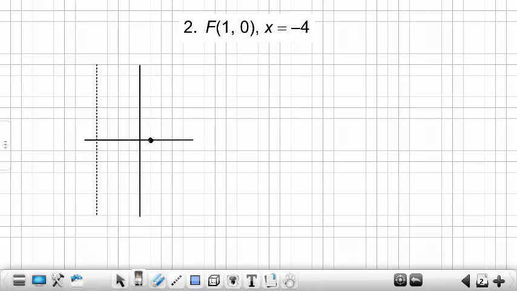You can always ask yourself, what side is the focus on relative to the directrix? And that is the way that the parabola opens. The focus is on the right side of the directrix, so the parabola opens to the right, because the parabola always opens toward the focus. The focus can't be on the directrix, then you won't have a parabola. You'll have a line.